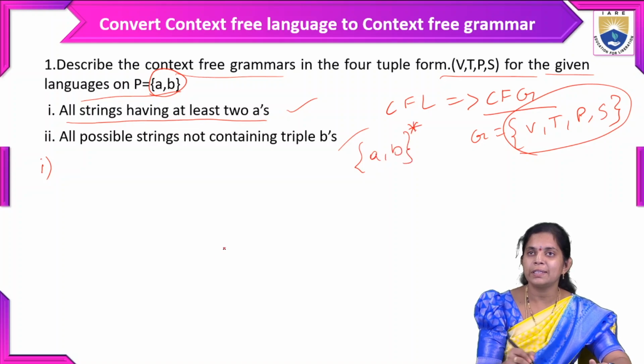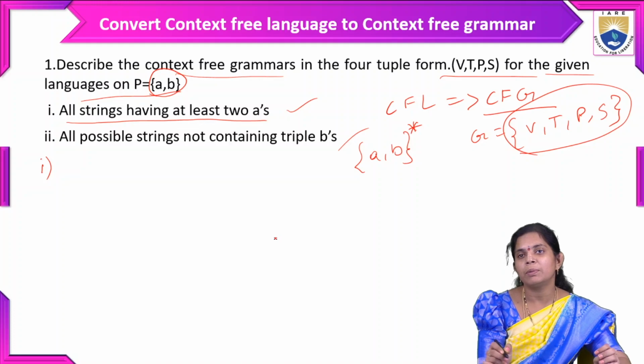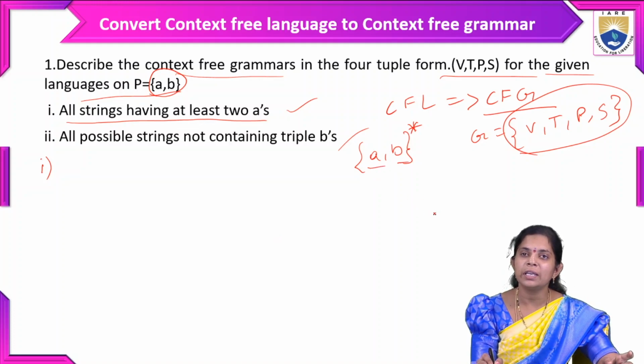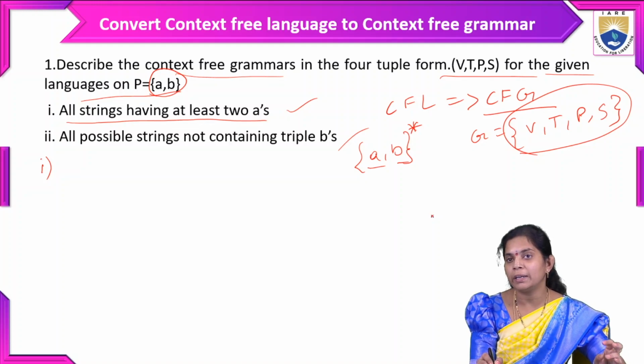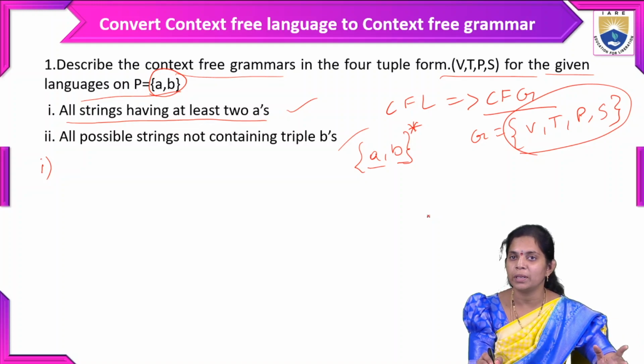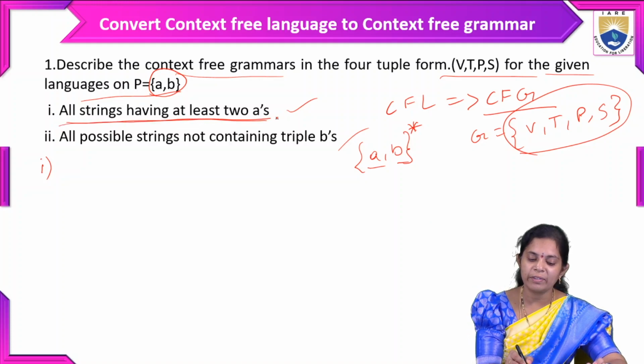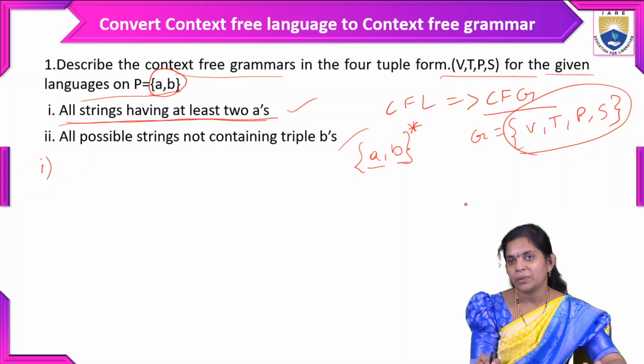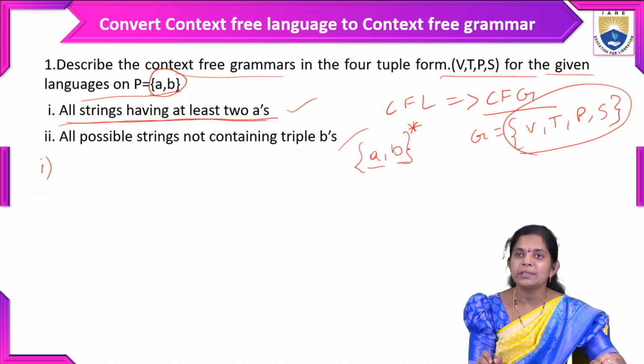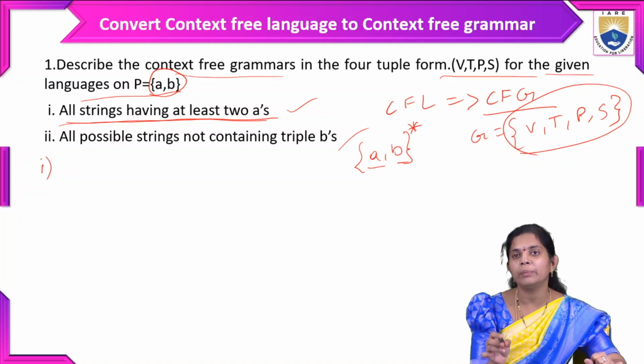So it may be a combination of A and B. The string contains either A or B, and it can start with A or B. There is no restriction that it only starts with A, or only starts with B, or ends with A or ends with B. All the strings have at least 2 A's, which means the minimum number of A's in the string should be 2.